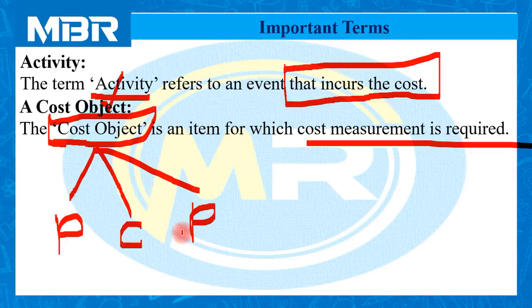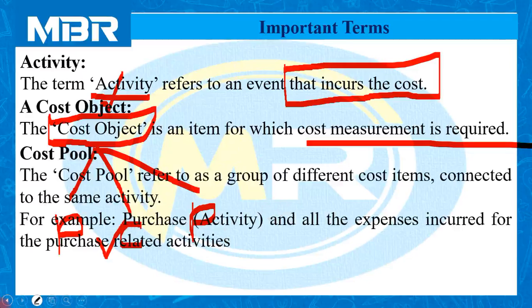But if your customer insists that you polish the product for their orders only and they are ready to pay for this, in this situation the cost object is a customer, because whatever cost we are going to pay, we can recover from our customer. So it may be a product, a process, or a customer.